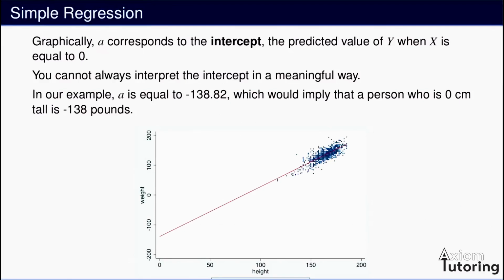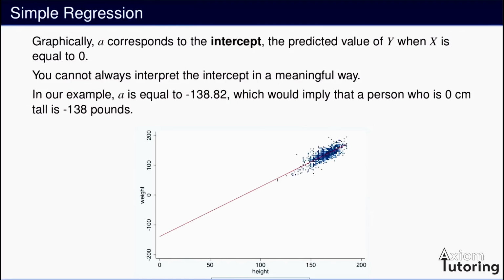And one thing that I would recommend you to do is actually learn that sentence by heart, okay? Because you'll very often have to interpret your estimates, and knowing a sentence by heart like this one will mean that you will never make a mistake. So in this case, the intercept is the predicted value of y when x is equal to 0.